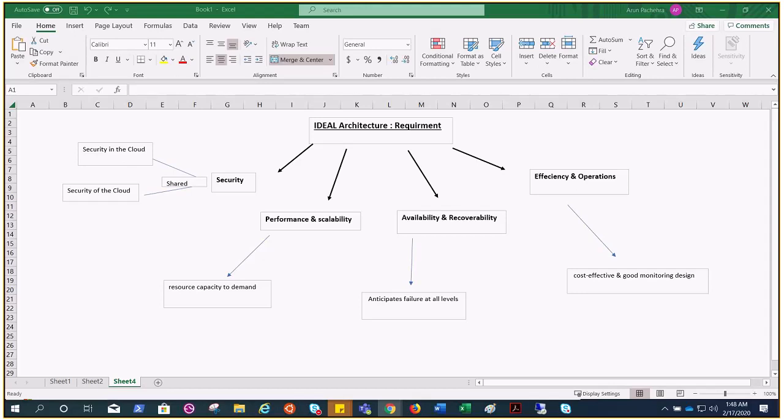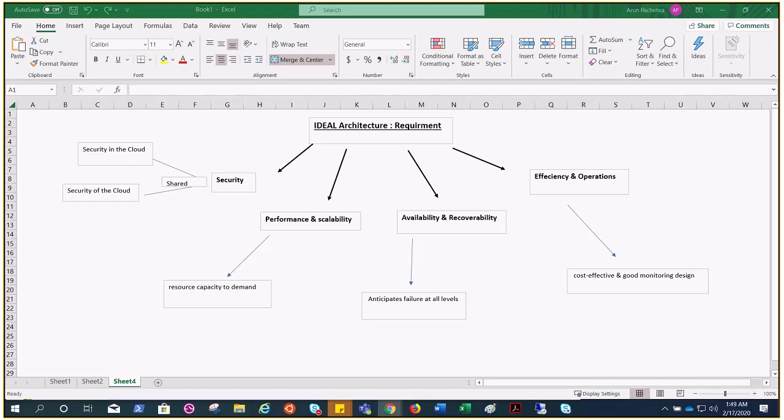Prior to that, I don't know whether I've mentioned this in performance and scalability or not, because if you're in the cloud and you're using a highly compute VM and your demand of requests is not that much, you should create your infrastructure so that it can scale in as well, and if required scale out as well, to save the money and save the requests or users. If it is scaling in, of course it is saving money, and if it is scaling out, it is saving your users, it is saving your requests.